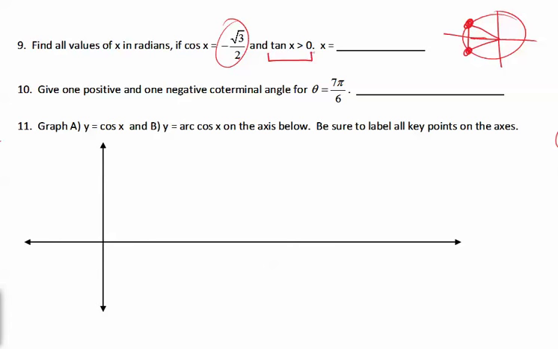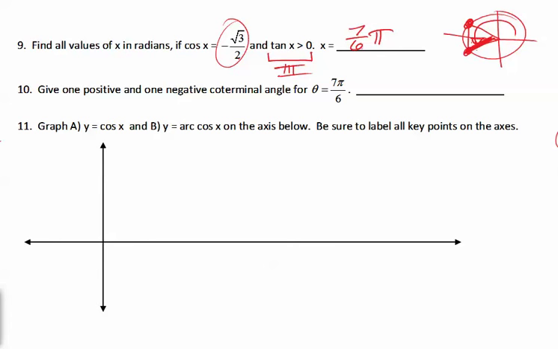But we also want the tangent to be positive. So of these two choices, we know that we're in quadrant 3. So now we've narrowed it down to this answer. And that answer is 1/6 pi more than a semicircle. So it is at 7/6 pi.